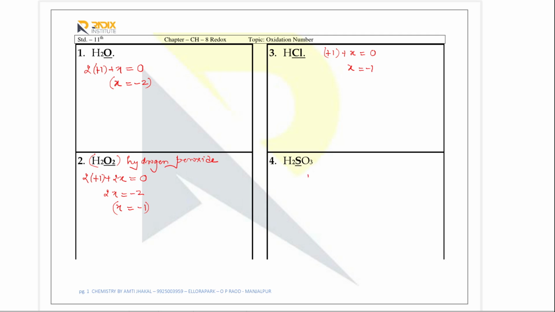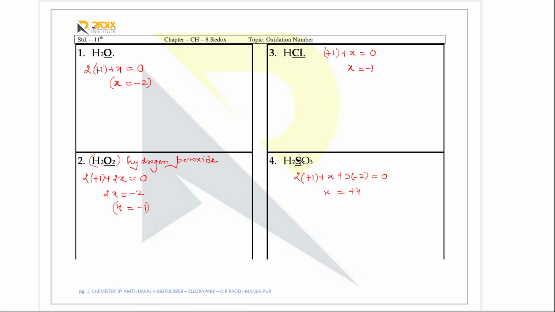H2SO3, hydrogen oxidation number plus 1 into 2 plus X plus 3 into minus 2 is equal to 0. So we can write X is equal to plus 4.